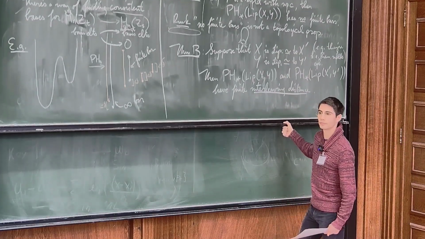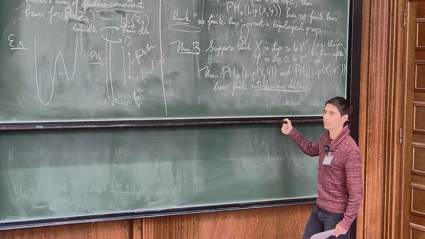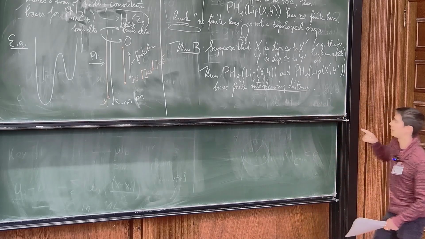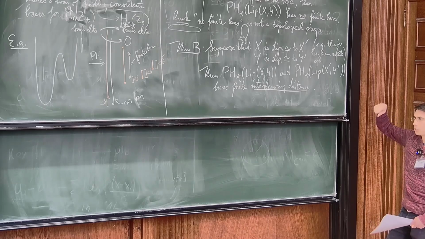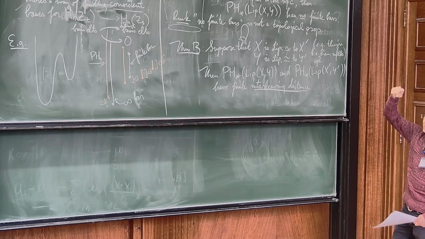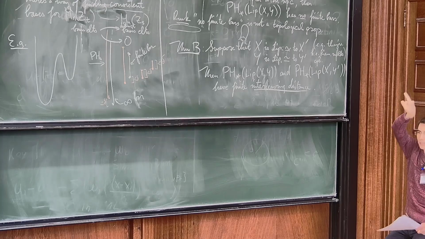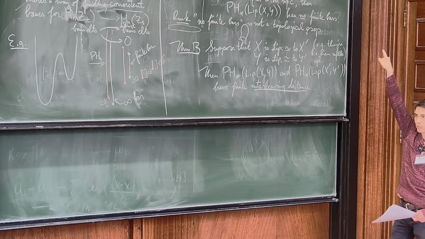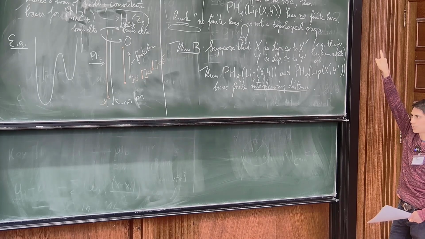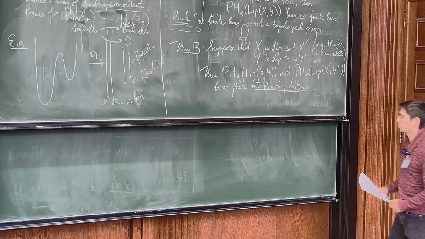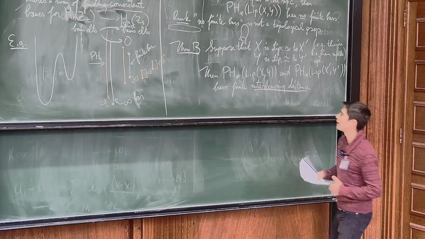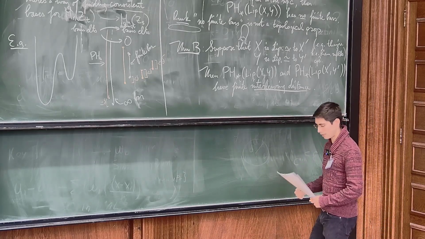What's the name of the distance? Interleaving distance. So the technical thing there is that you're going from H_n of Z_t to H_n of Z prime_{t plus delta}, and then back to H_n of Z_{t plus 2 delta}. So they sort of interleave between each other.